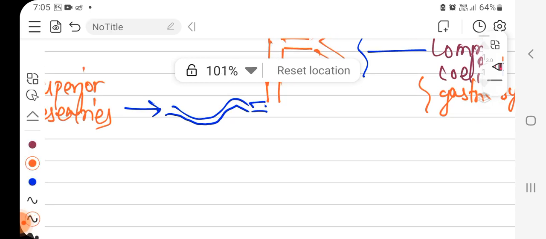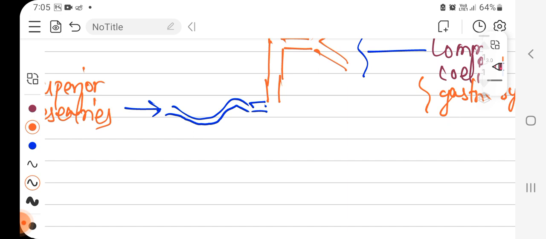Let's move downside. Now we need to open the vessels to different parts.